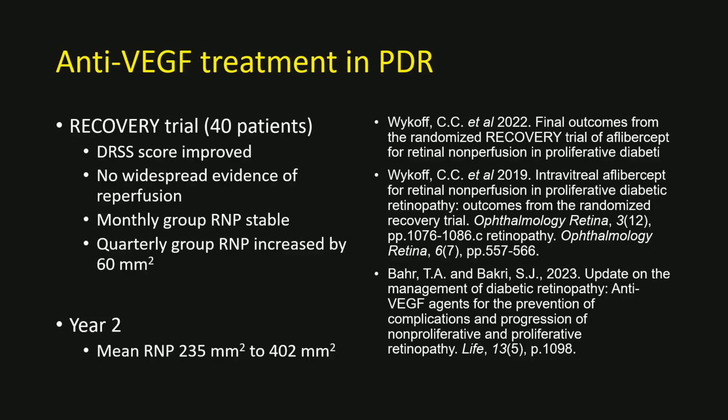In the group with aflibercept administered monthly, the non-perfusion did not increase, whereas with the group treated with quarterly dosing, the retinal non-perfusion increased by a mean of about 60 millimeters squared. In the second year of the study, when the treatment arms were swapped over, the area of non-perfusion increased to a mean of 400 millimeters squared in both groups. And I remember that the threshold for triggering proliferative retinopathy is about 300 millimeters squared.